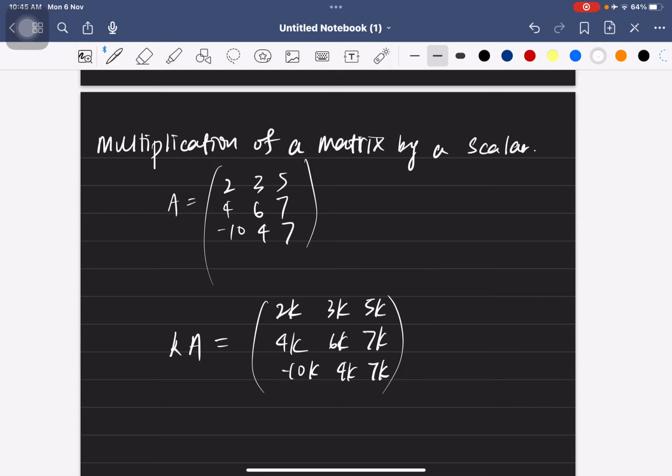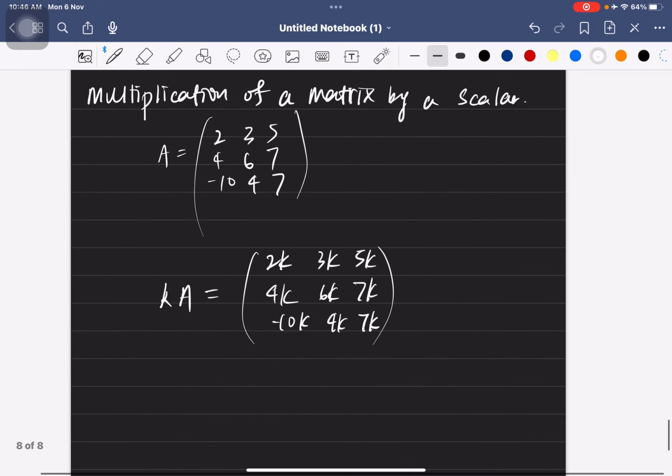So it all depends on the value of k. If it's 5, then everything is multiplied by 5. If it's 7, multiplied by 7. Just like that. Just multiply every entry by a constant if you multiply the matrix by a constant.